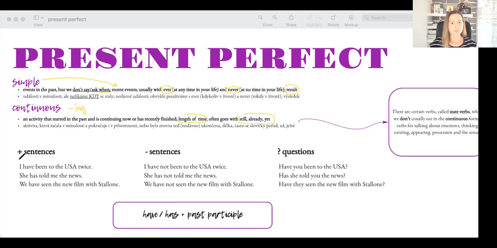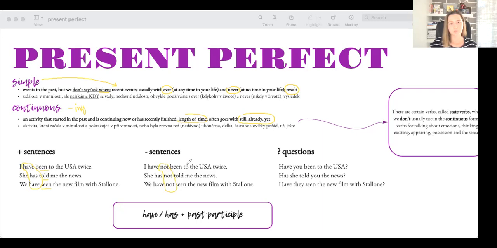If we look at the positive sentences, you can see that in every sentence there is have or has. Has is used with the third person, so he, she, it. And then the verb is the past participle. That means it's the third column of the irregular verbs. When I want to make a negative, I simply add not into the sentence.